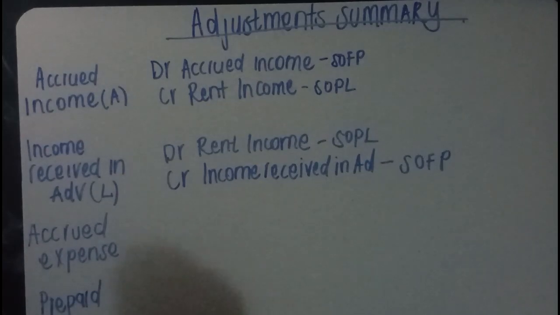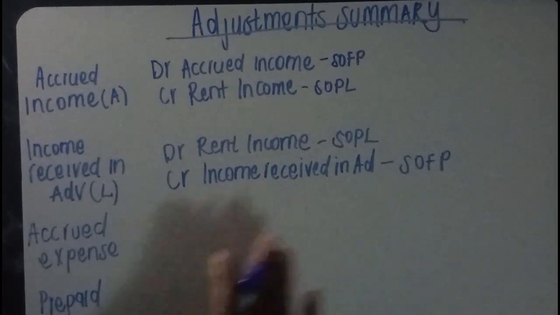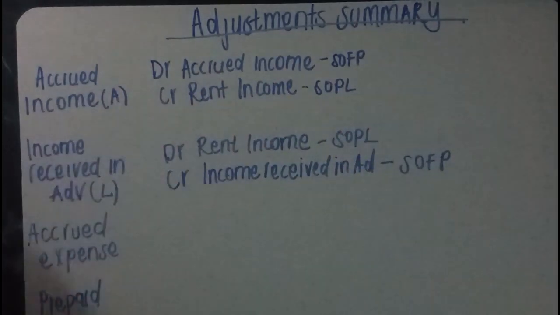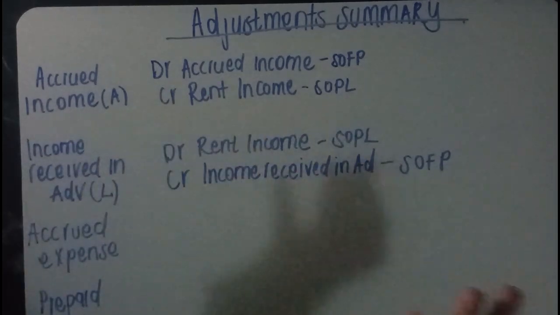So your accrued expenses are the expenses that have occurred but the business hasn't paid them, right? So these accrued expenses will be rent expense or water and electricity.